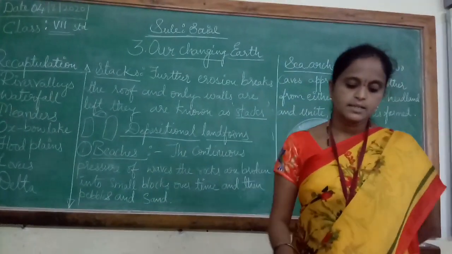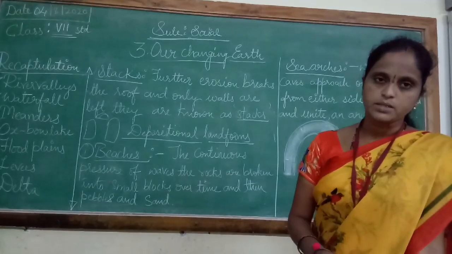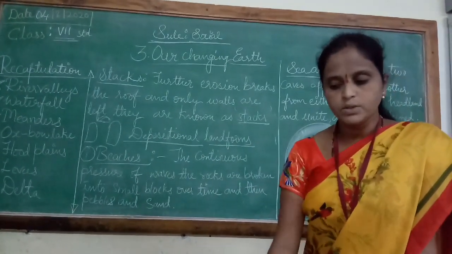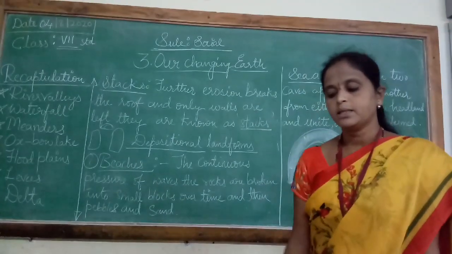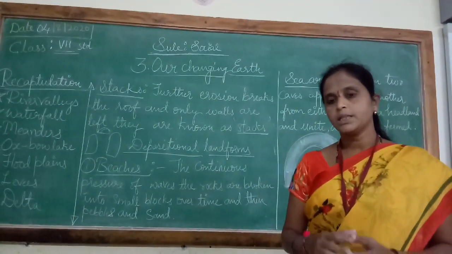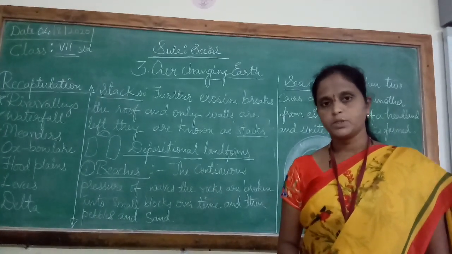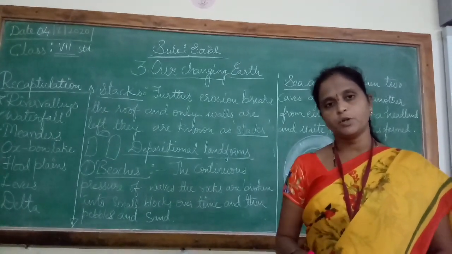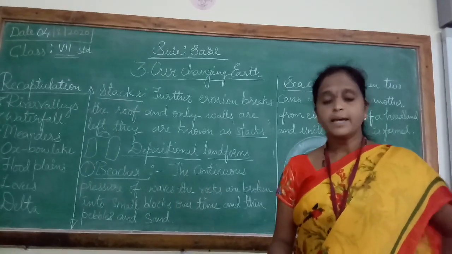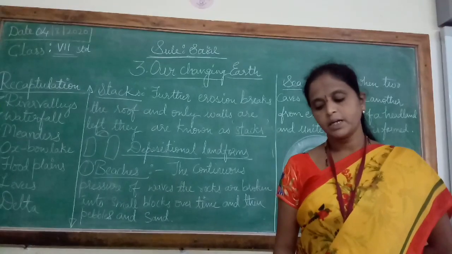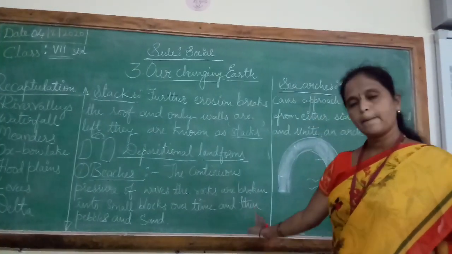So the sea waves deposit sediments along the shores, forming beaches. Example, Marina Beach of the Tamil Nadu coast is a famous beach of India. That is about the beaches.